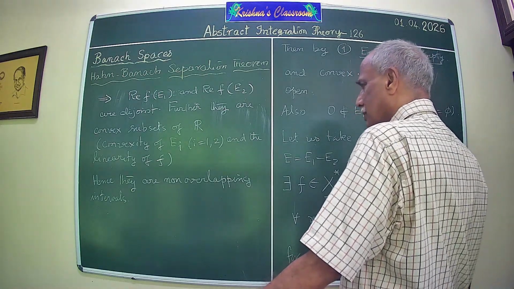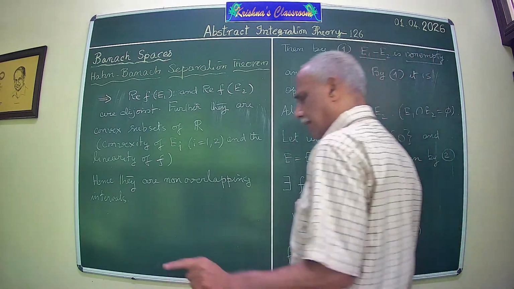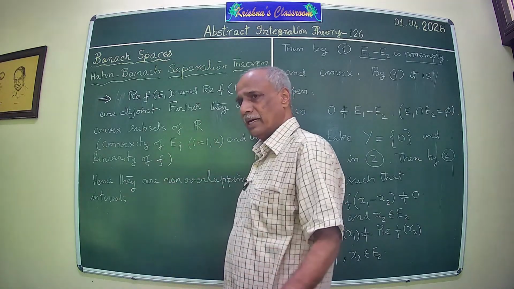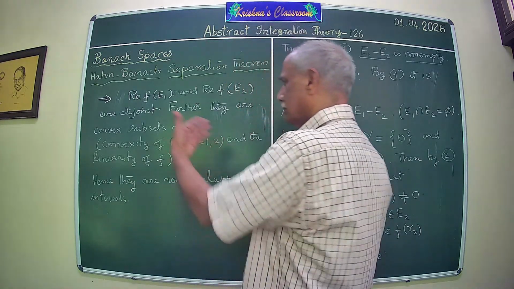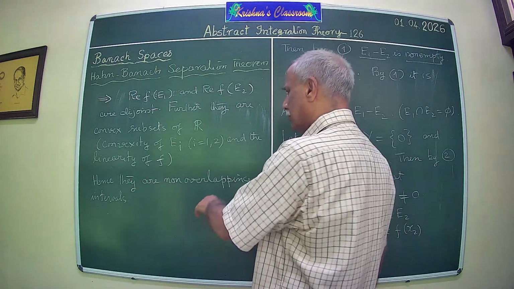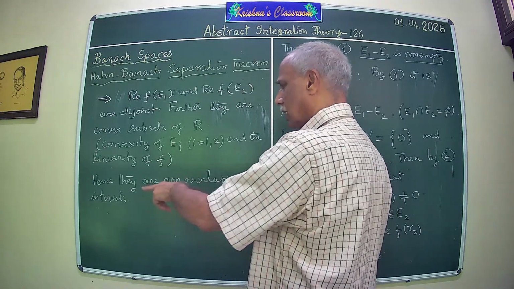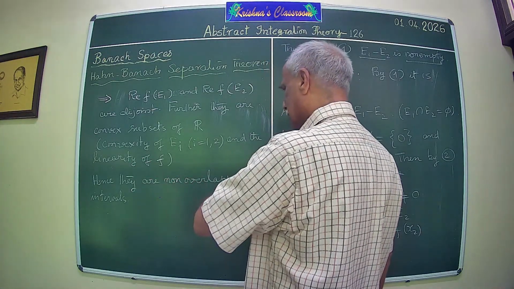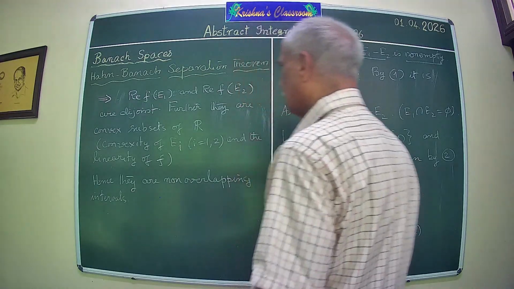Now you know that the line joining x1 and y1 is in E1, map with f. So you get any intermediary point on that set real f of E1.